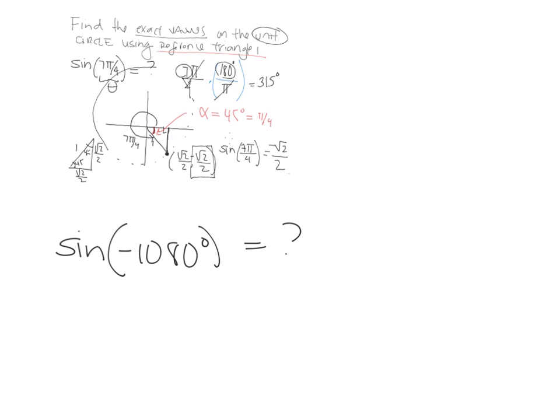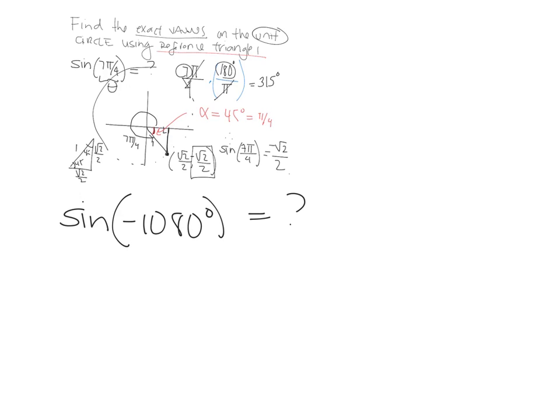So I'm going to go ahead and draw, well, where is negative 1080? We can divide 1080 by 360 and see how many times it goes around the unit circle.